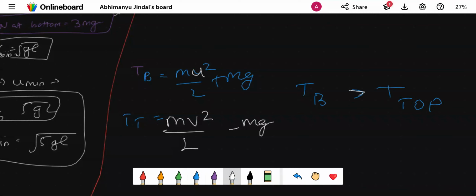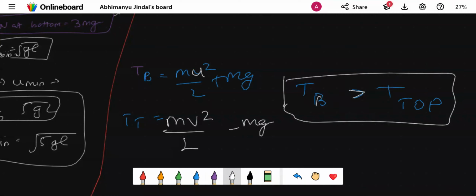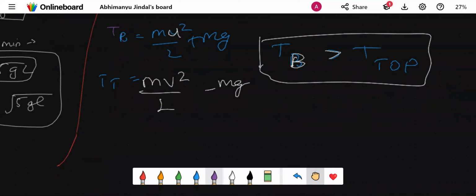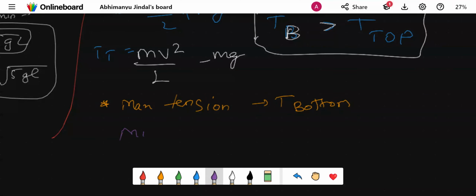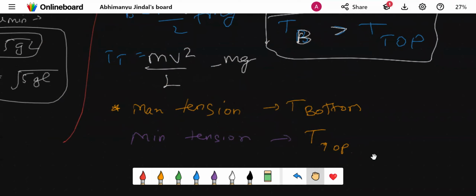And another thing is that the maximum tension at any point in the vertical circle is tension at the bottom, and the minimum tension is the tension at the top. This is a golden line, I'm telling you. Keep this in mind: tension at the top is the minimum, tension at the bottom is the maximum.